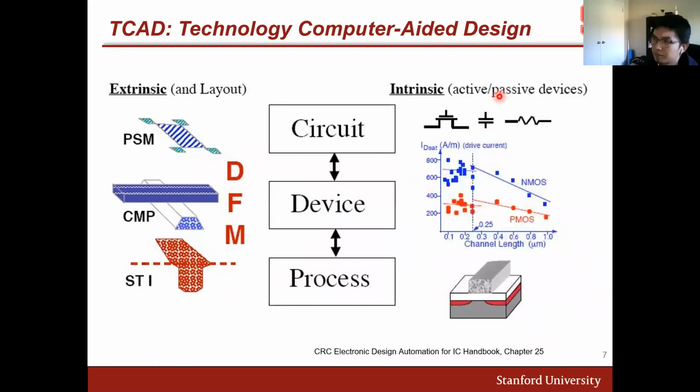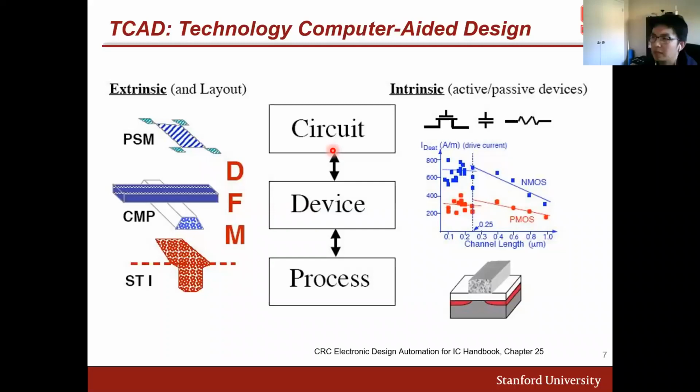In the semiconductor industry, what people have done there is they can actually use this technology computer-aided design, TCAD approach, to link the process with the device and the circuit in a very simple way that can be simulated by the computer automatically. And that can provide you very fast feedback for research and development.